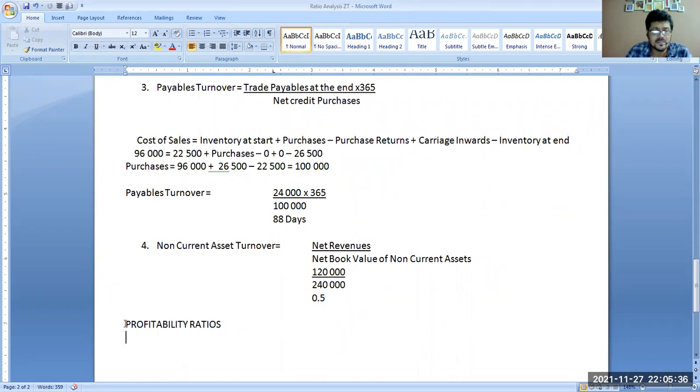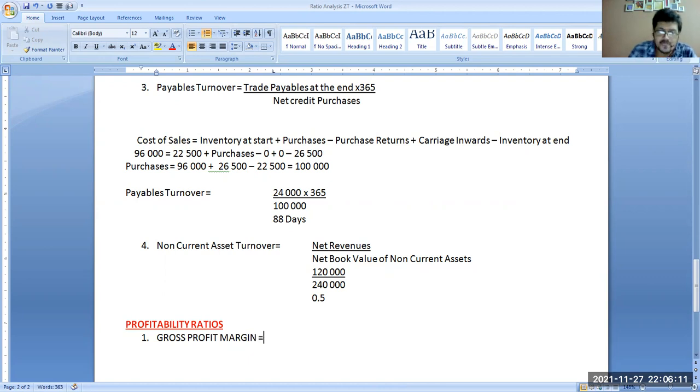Profitability ratios have to do with the profits. In profitability, the first ratio we have is gross profit margin, or simply margin. You can call it margin also. Margin means gross profit margin.